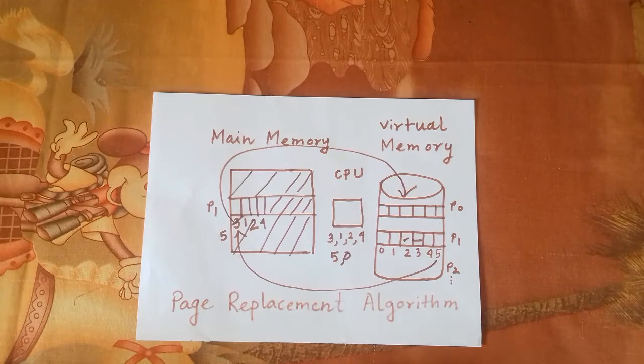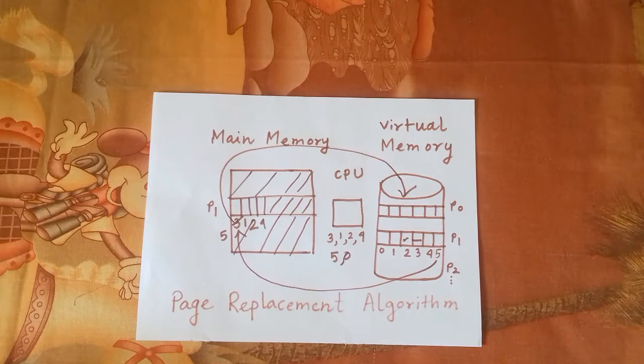One important thing we should tell is that page fault is always time consuming because it involves hardware, and disk access is slow. So page fault is not at all wanted for the system, but still, because of the size difference between main memory and virtual memory, and pages should be present in the main memory, otherwise we cannot execute.